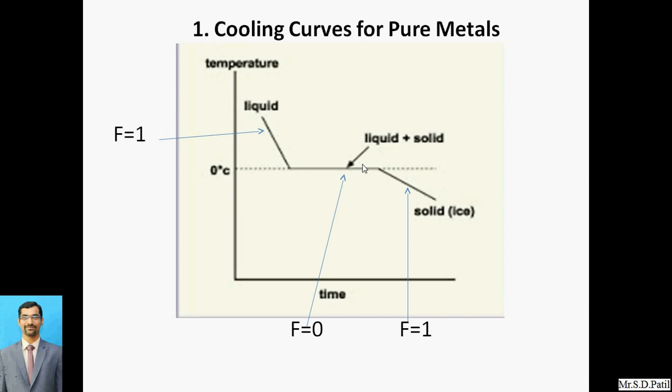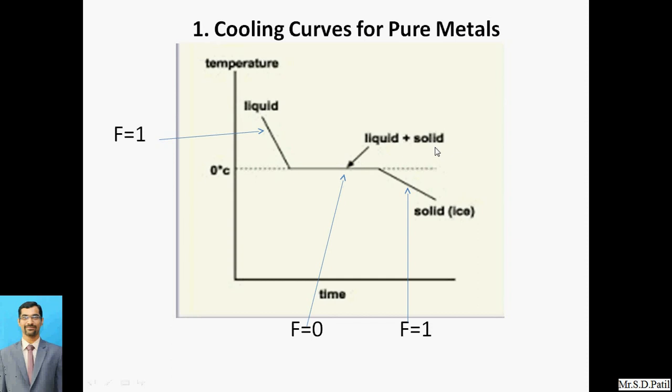We have set 0 degrees Celsius for the water, and above 0 degrees Celsius the water is in the liquid state. Exactly at 0 degrees some water will be present in the liquid state and some ice formation is there, so that will be the combination of liquid and solid state at 0 degrees.